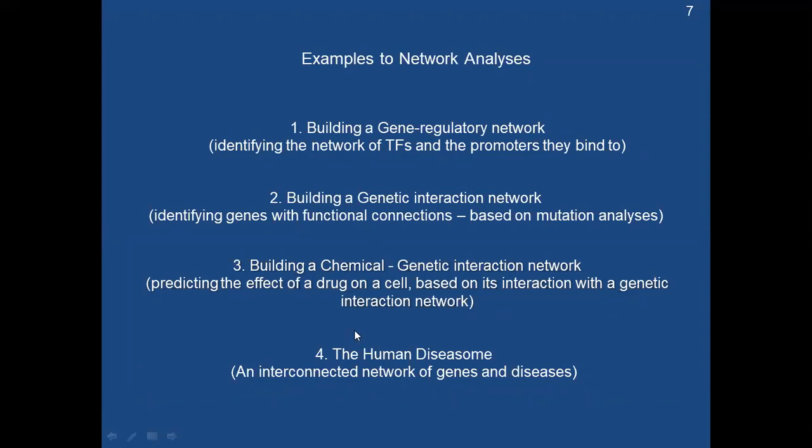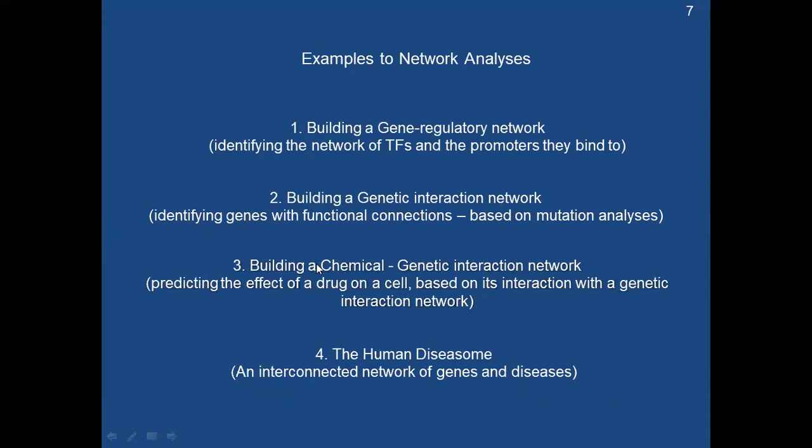So we are going to initially build a gene regulatory network. We are going to identify the network of transcription factors and the promoters they bind to. Then we are going to see how we can build a genetic interaction network. This means we are going to identify genes which are functionally similar to each other. And we are going to then generate a chemical genetic interaction network.